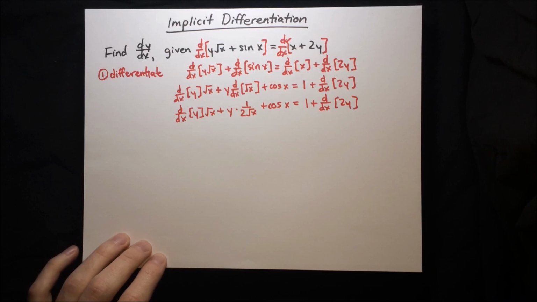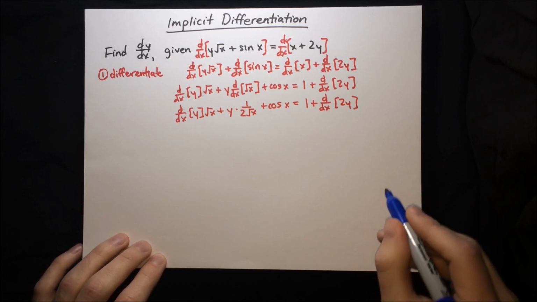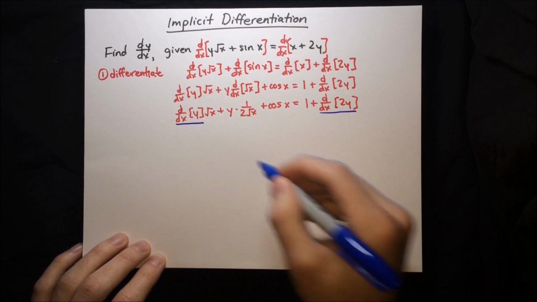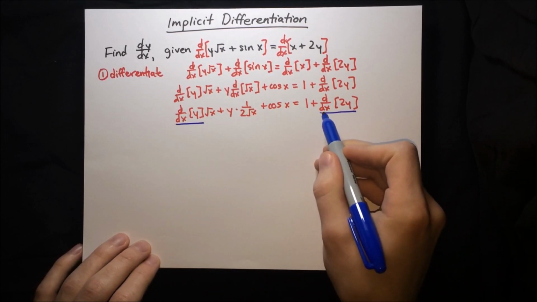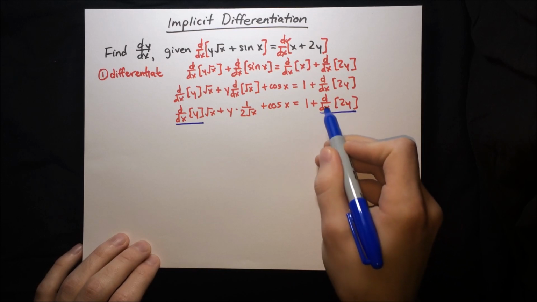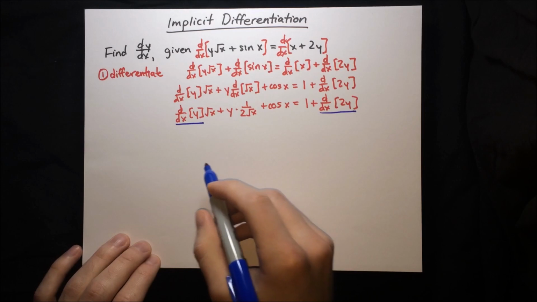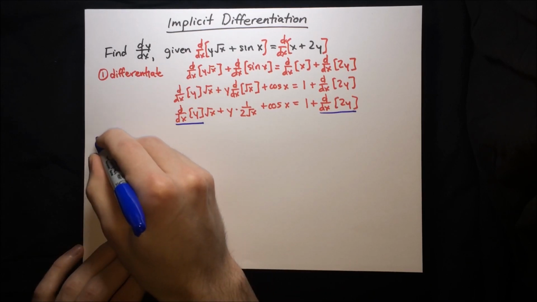All right, great. So now the only derivatives we have left are those which have y terms in them, and we can't take those derivatives just yet because it's d/dx of a y term. So how do we reconcile that? Well, it's the same way as before. We're going to use the chain rule.